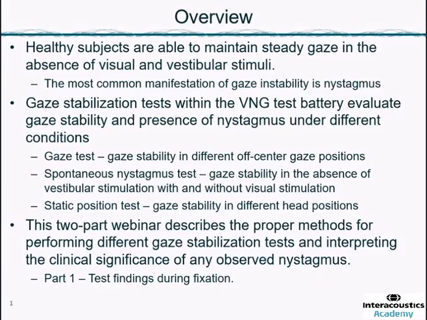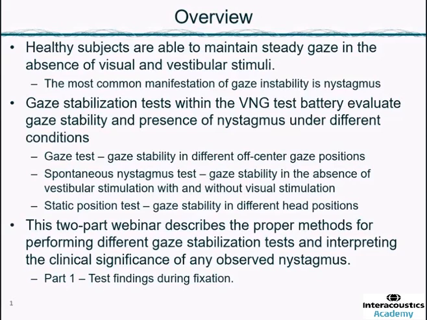So just an overview of what we're going to talk about today. Healthy subjects, when they're asked to maintain a steady gaze, can do that in the presence or the absence of visual and vestibular stimuli. They do not have extraneous eye movements when they're asked to fixate.